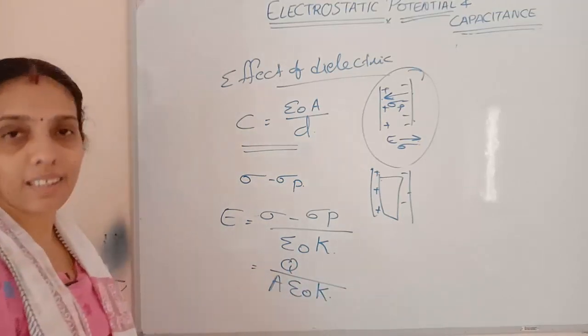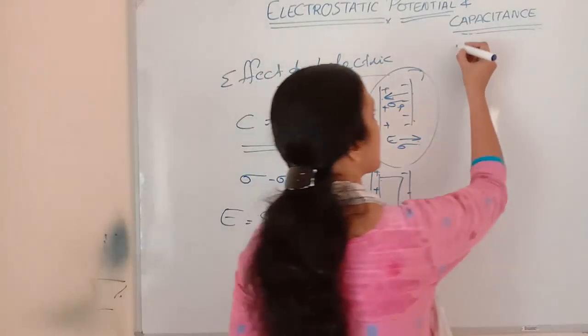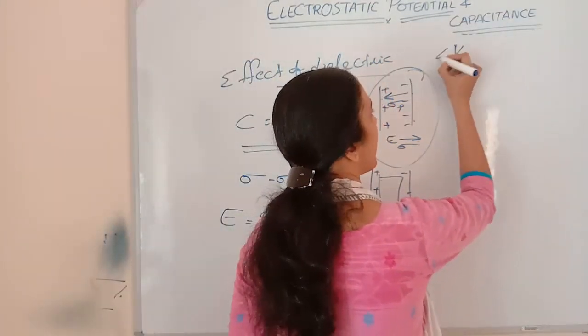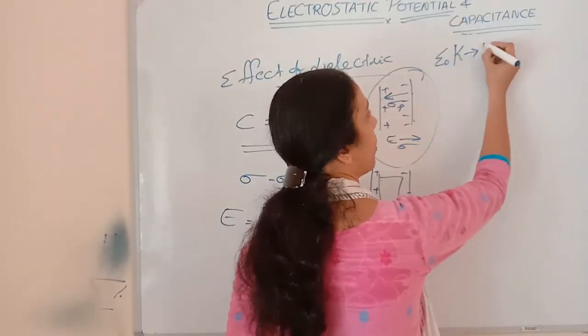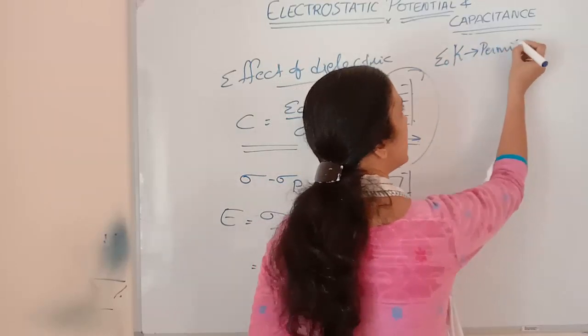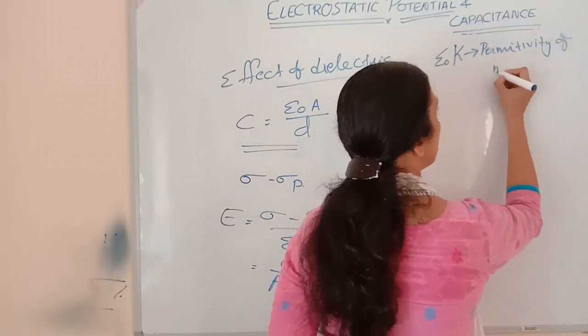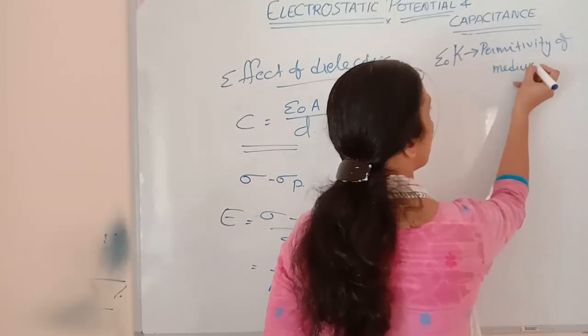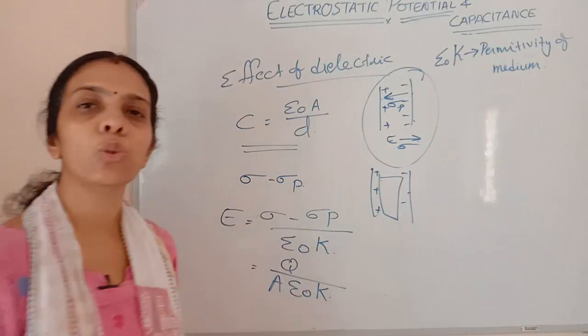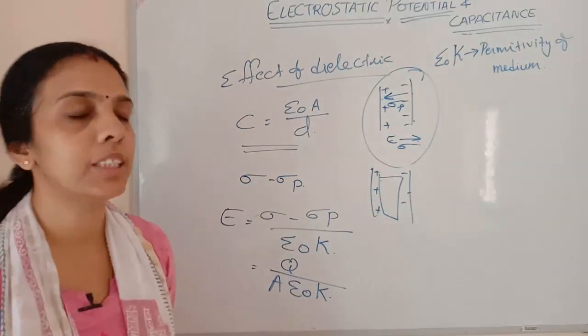So what is this K? Epsilon 0 into K is called the permittivity of the medium. Clear? So epsilon 0 into K is called the permittivity of the medium.